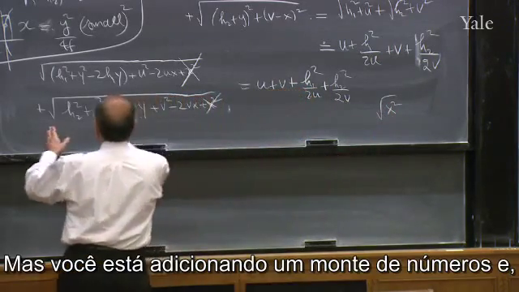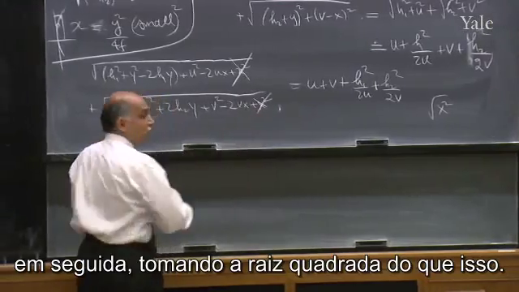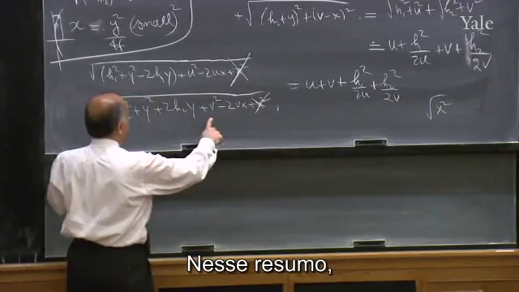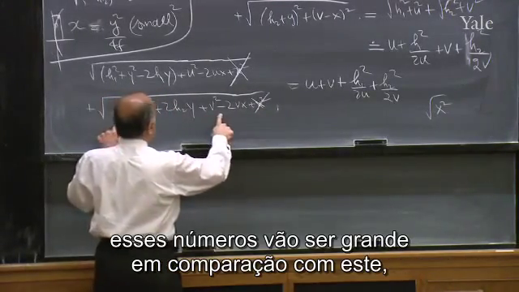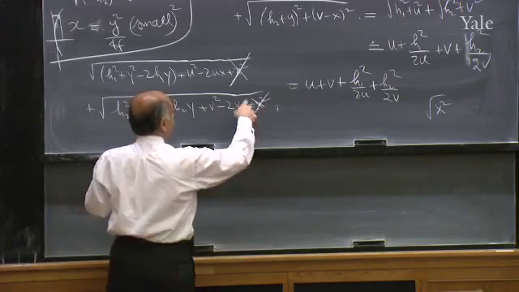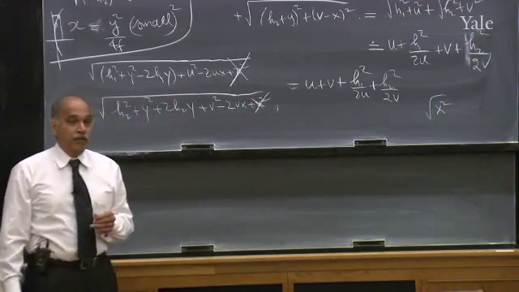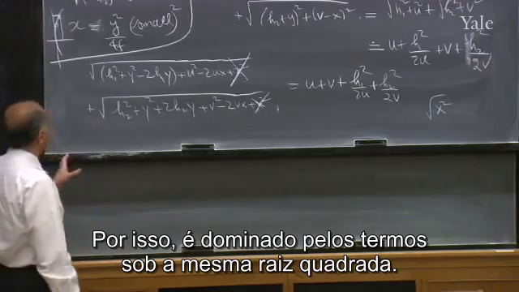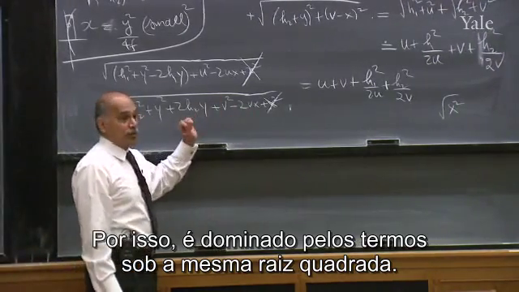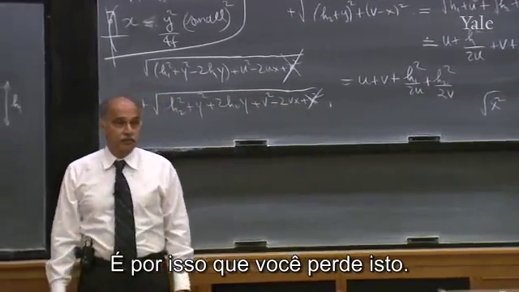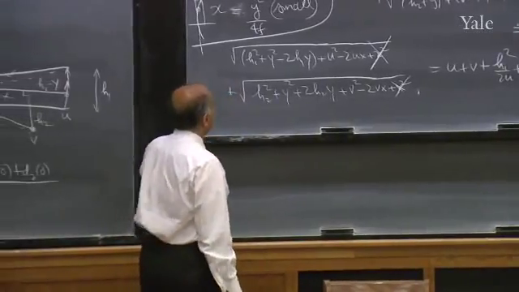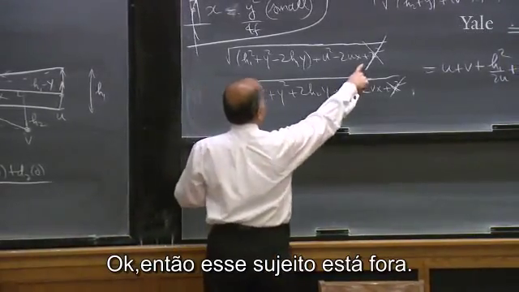But you're adding a whole bunch of numbers, then taking the square root of that. In that sum, these numbers are going to be big compared to this one, whether you take the square root or not. Okay? So it is dominated by the other terms under the same square root. That's why you drop it. Okay, so this fellow is out.